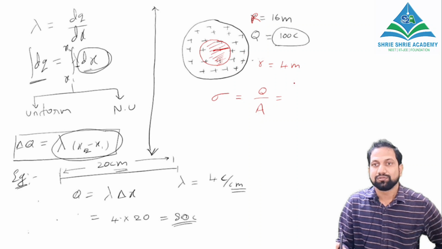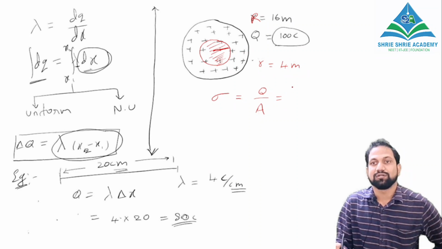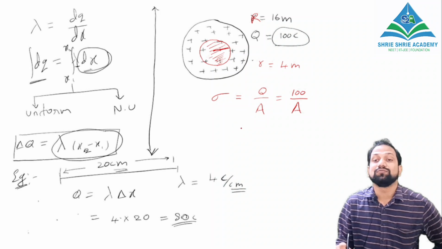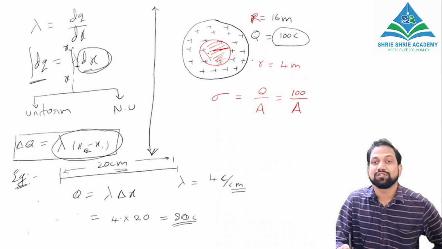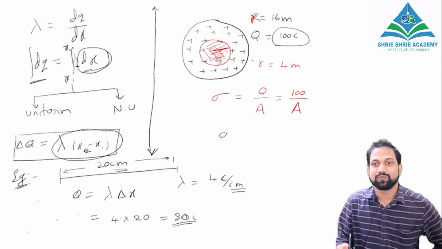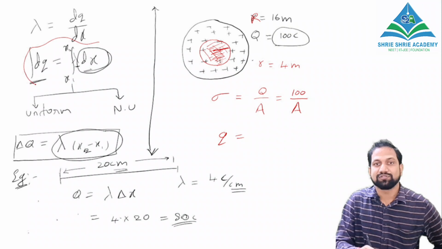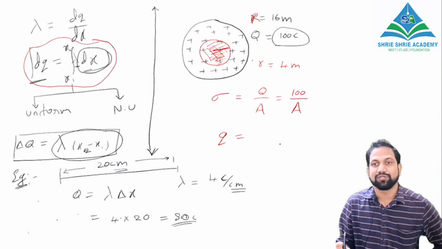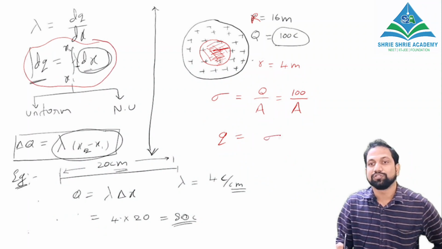The total charge is 100, and the total area is A, let it be. Now the charge removed by this part, say small q, is similar to this formula: sigma into integral ds.